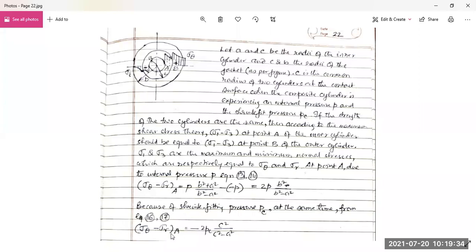Now, if we take the difference, we get the difference here, minus 2 PC C square over C square minus A square. C is the outside diameter of the inner cylinder itself.